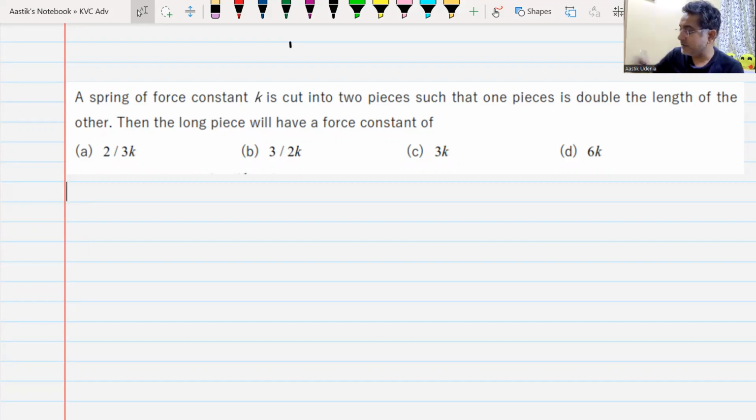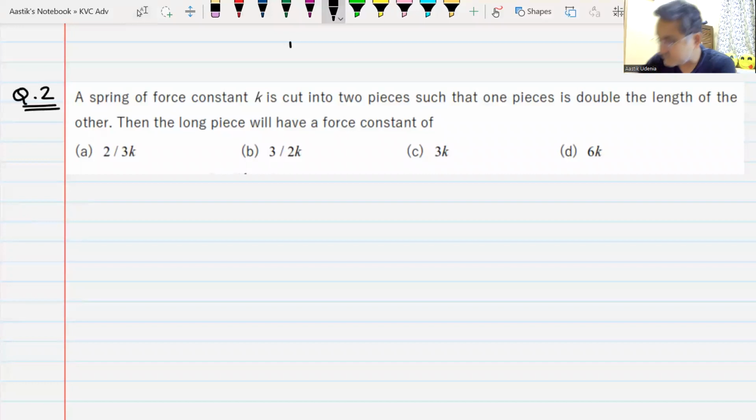What will be the force constant of the larger piece?